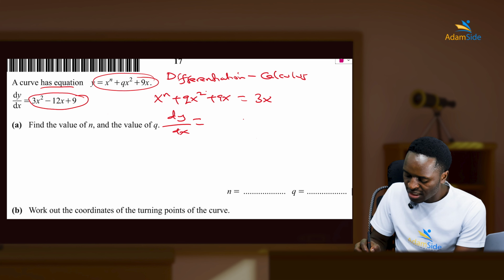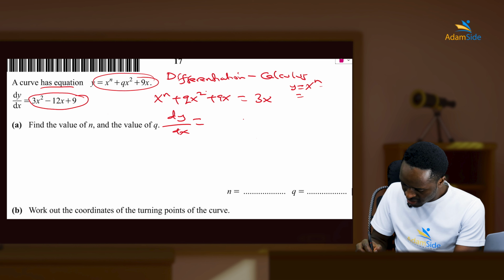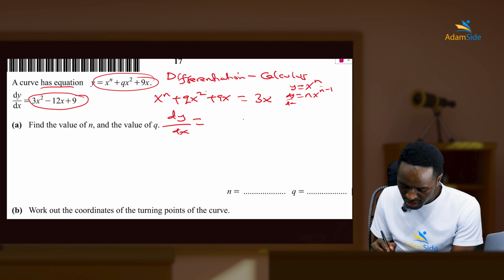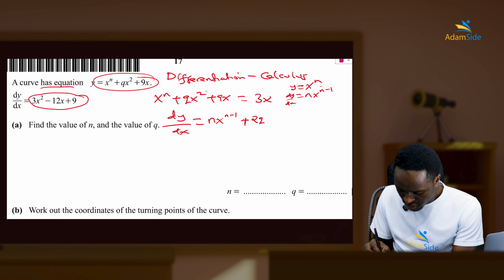Remember, to differentiate, if you're having y is equal to ax power n, the rate of change is n x power n minus 1. So in that case, dy dx will be nx power n minus 1 plus 2qx power 2 minus 1, then plus 9 times x power 1 minus 1.